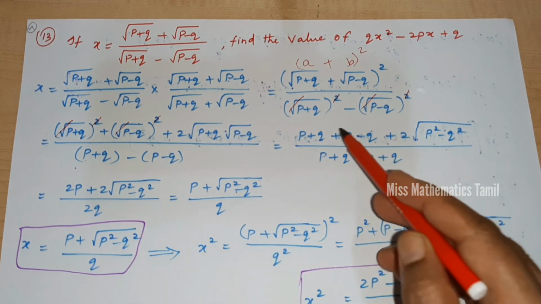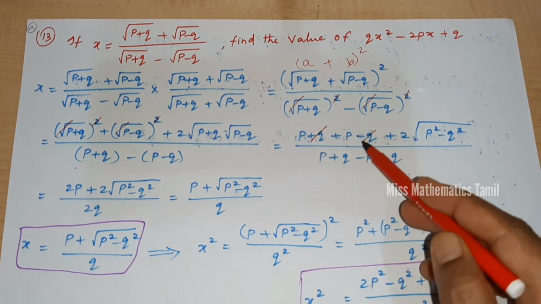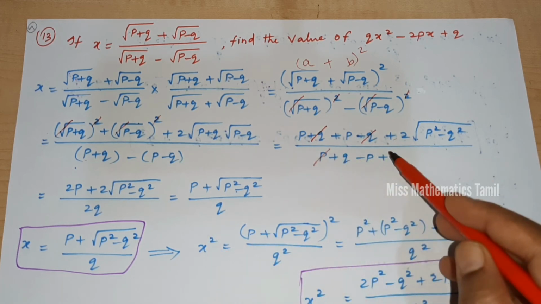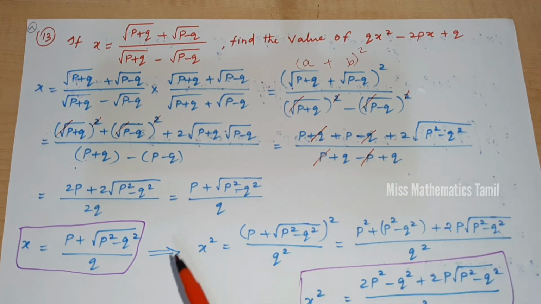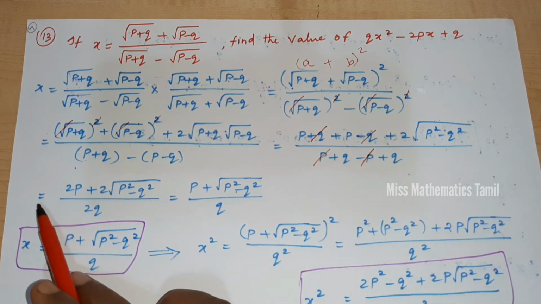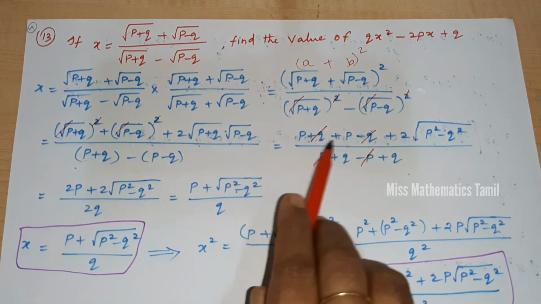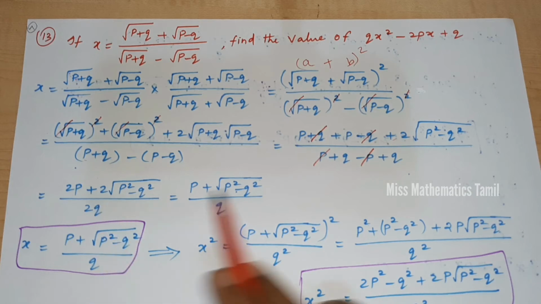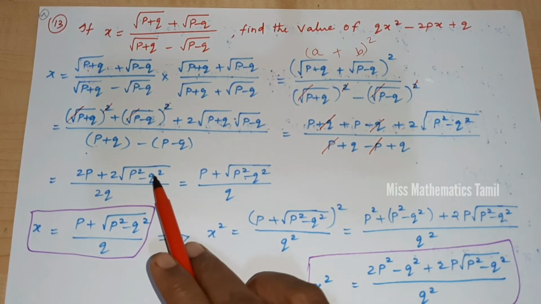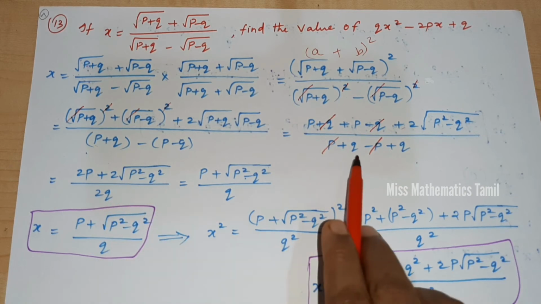Okay, next step, here plus p, here minus p. In the denominator, here plus p, here minus p. Okay, so after cancelling this, what is the numerator? 2p plus 2 times of root p square minus q square I am writing here. In the denominator, 2q.